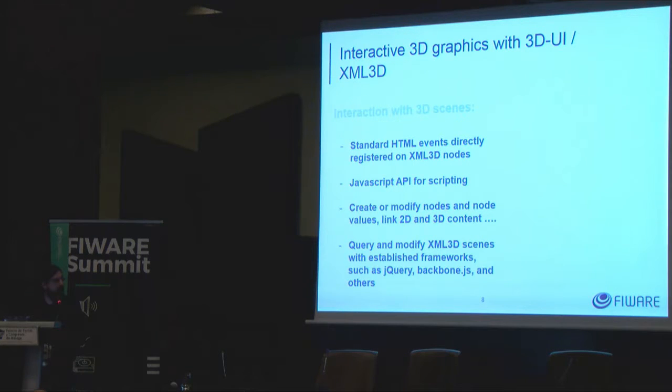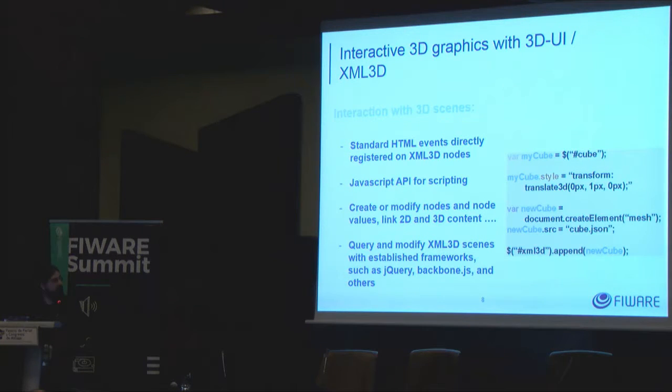And a benefit from these XML3D scenes being basically part of the website and its DOM is that we can use established frameworks like jQuery or Backbone.js or others to query the scene or to modify it. I have a very simple example here.